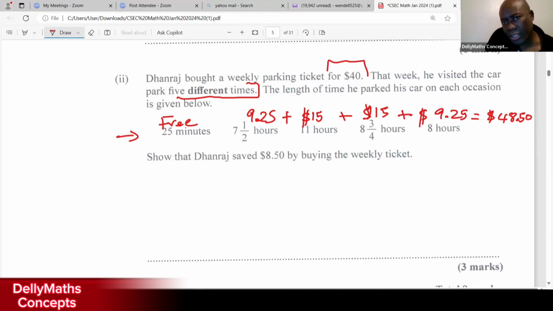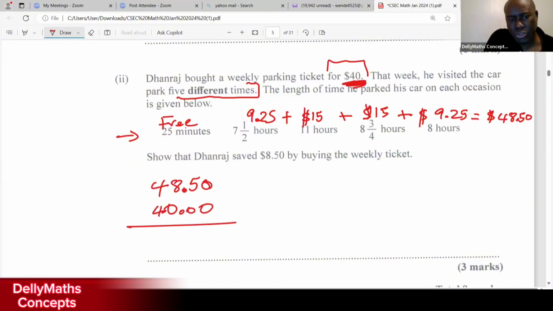So now we look at the $40 that he spent for the week. The weekly pass was for $40. So as you could see, if you subtract here, we're getting our $8.50. And this would have been the money that he saved that they asked us to prove. So yes, you put that together, and basically that's that.